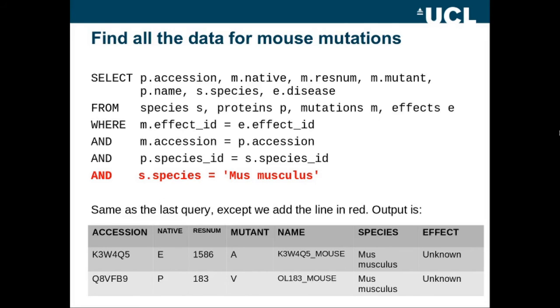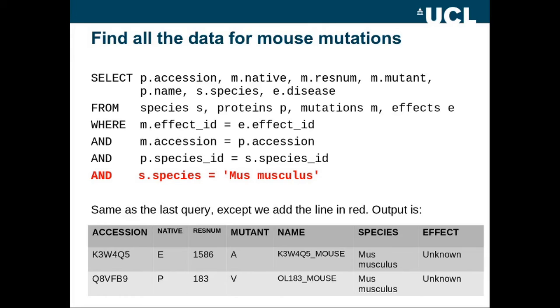In this second example, we're looking to find all the data but just for mice rather than all species. So we have exactly the same query that we had last time, but we add an extra AND clause to the where statement.